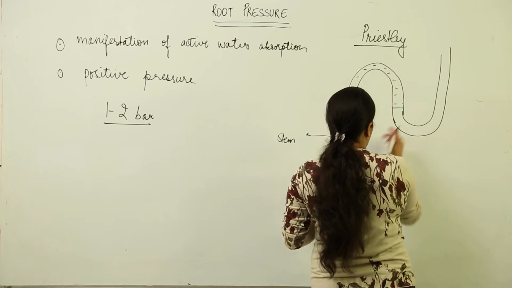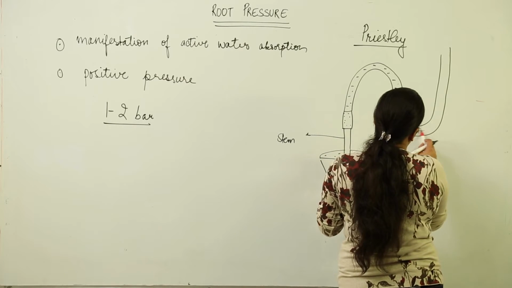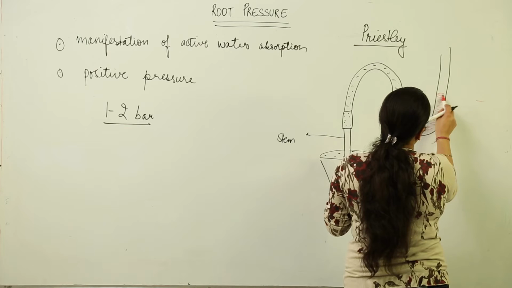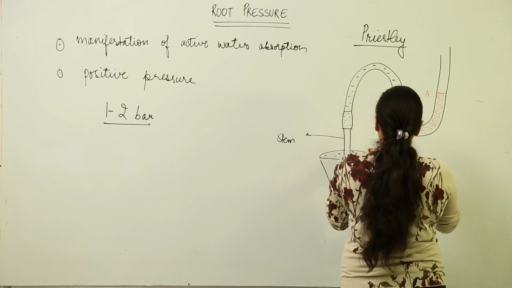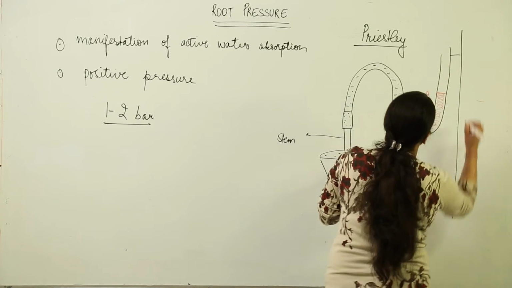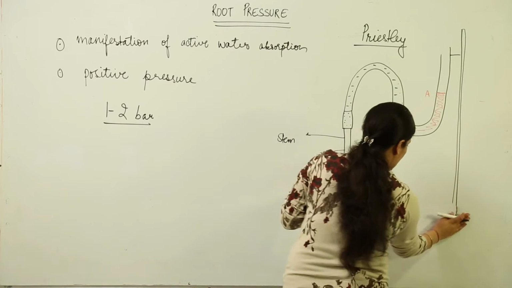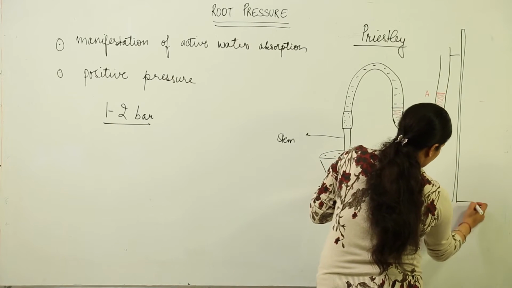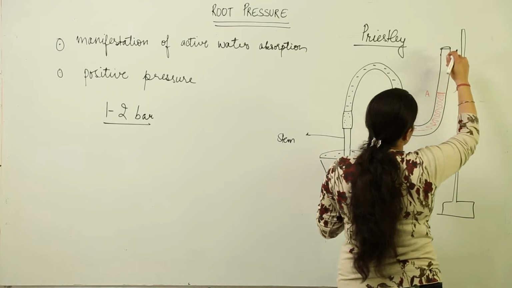The mercury you see over here is part of the manometer. Suppose in the beginning you have this mercury at a point A, and you have clamped it to a stand like this. This manometer is added to a stand. This stand can have labelings as well.